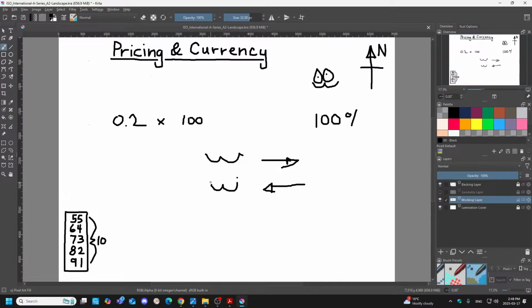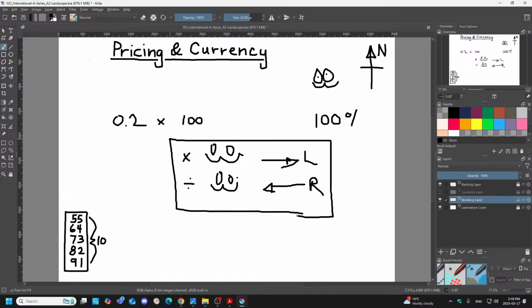It's a decimal jump, okay? I'm just going to put zeros here. Left, right. This is multiply, this is divide. Decimal hopscotch, okay?